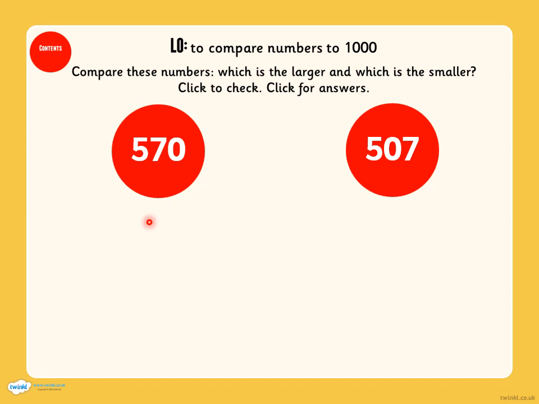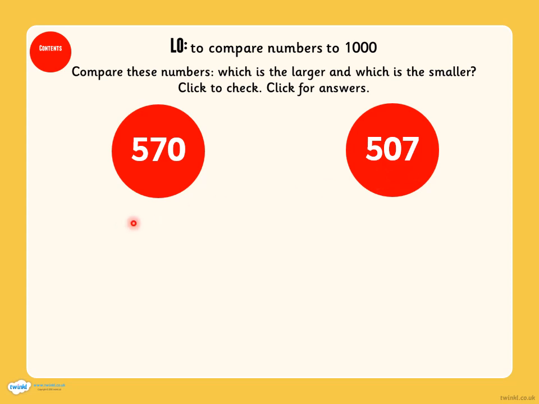Okay, so we've got 570 and 507. Again, we've got exactly the same digits, but because they're in a different sequence, they're actually a different value. We can see that we've got our 0 as a placeholder in our ones column, and in 507, it's a placeholder in the tens column, so there are no tens.